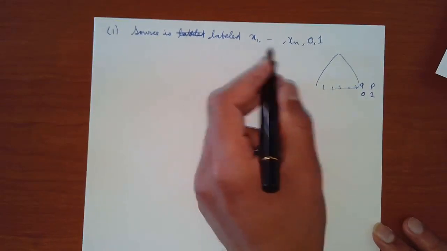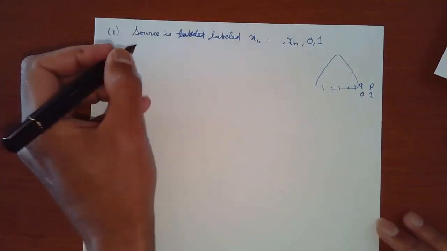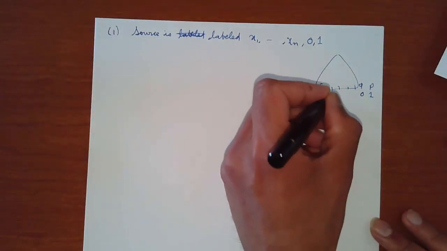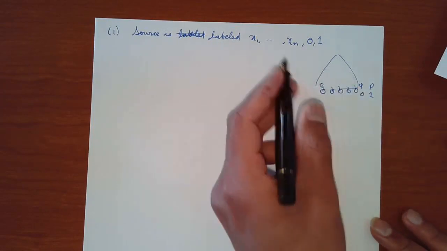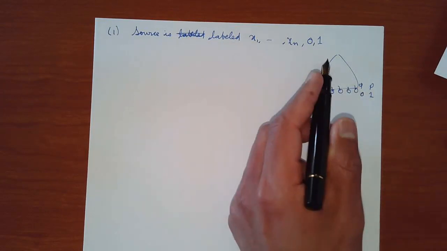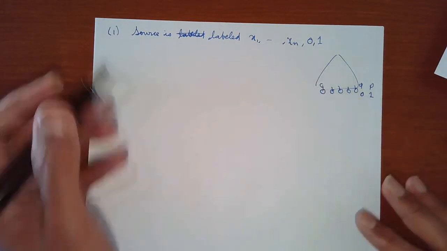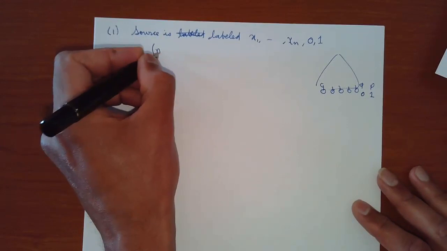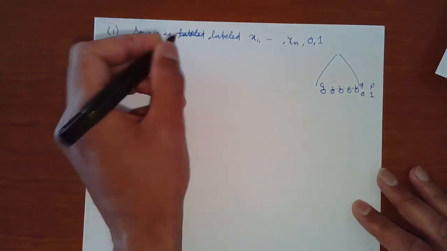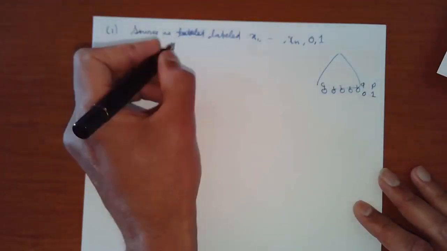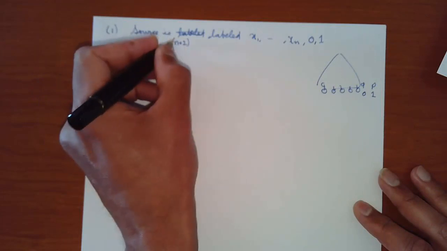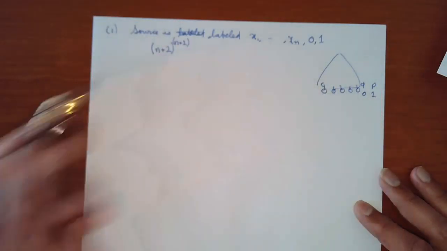So we'll assume that there are n plus 2 sources, because you want a separate source for the 0 and 1. So the number of these is n plus 2 to the power n plus 2. For each of these, we have n plus 2 choices.